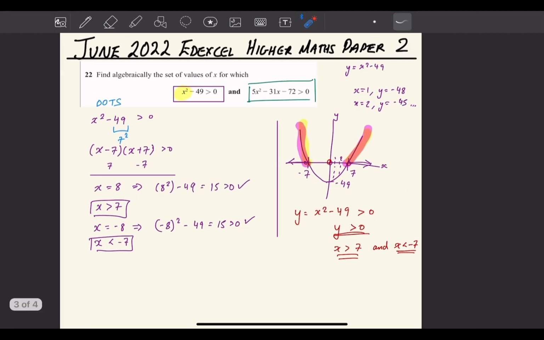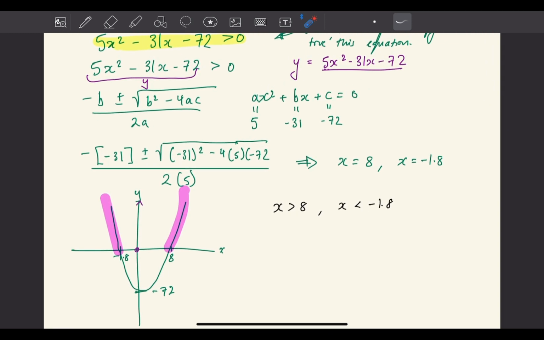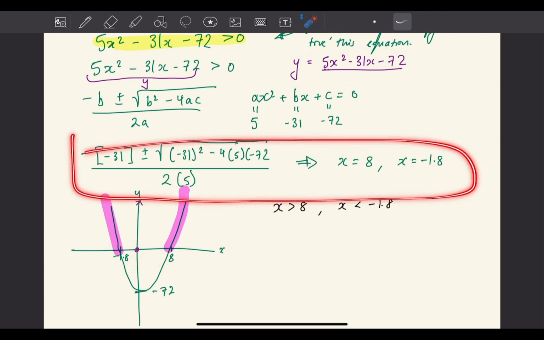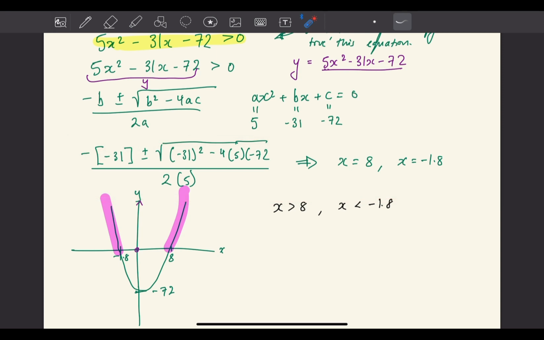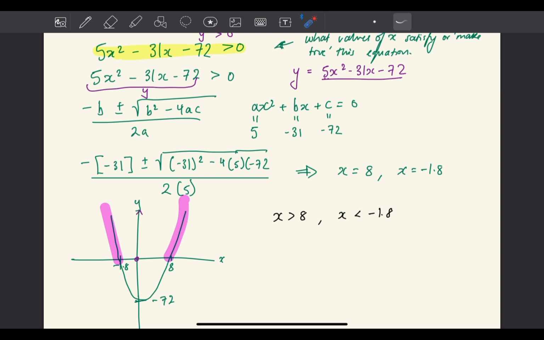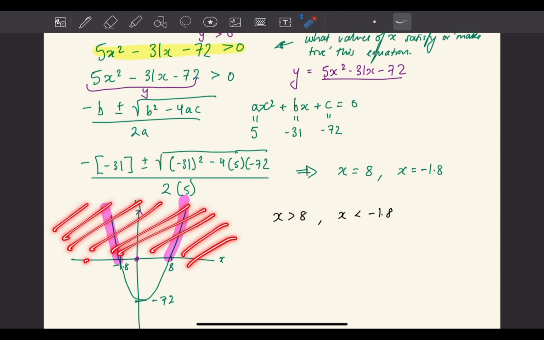Okay. Similarly, if we take y to be 5x squared minus 31x minus 72, the solutions to this at 0 are 8 and minus 1.8. We found that with the quadratic formula. Now, y is greater than 0, i.e. everything above the x-axis is where y is greater than 0.